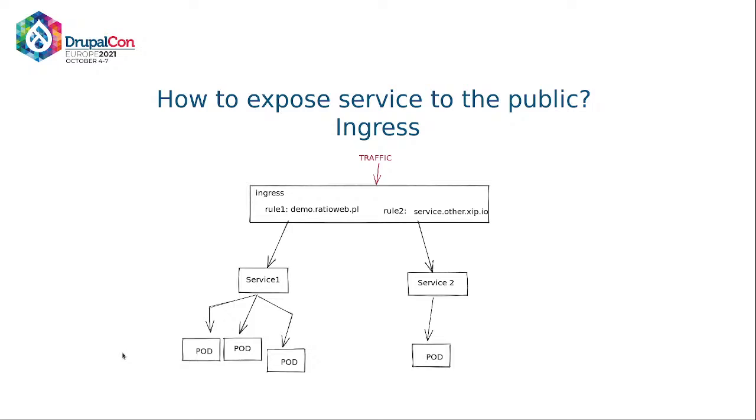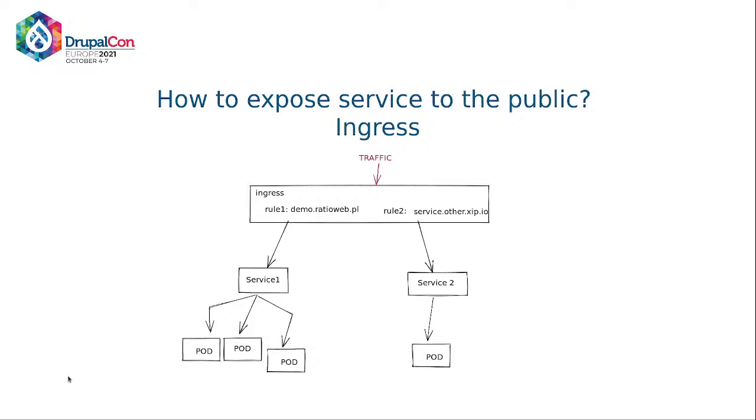After that, this service will pass the request on to the pods that match the service's criteria. So let's create an ingress and see what it does. I will try to create the ingress under this demo.ratio.web.pl domain.